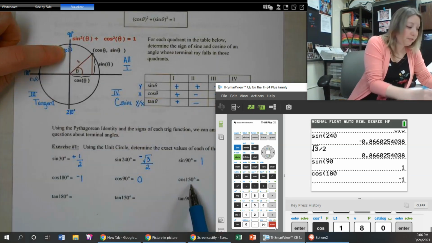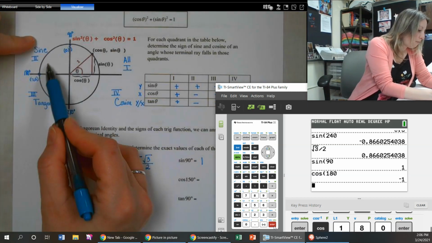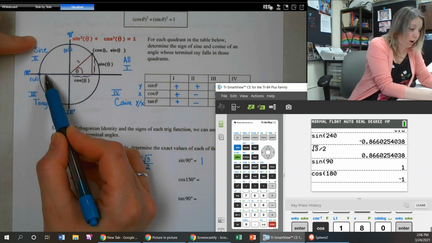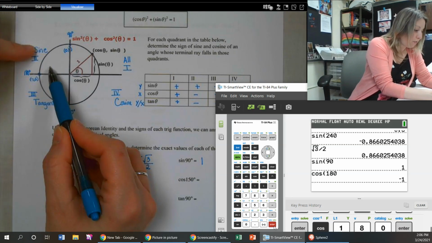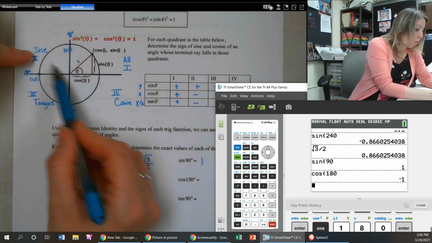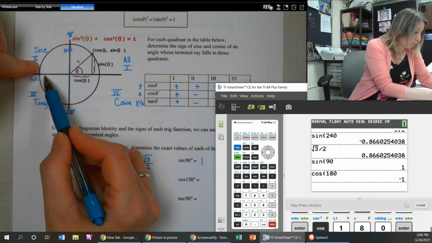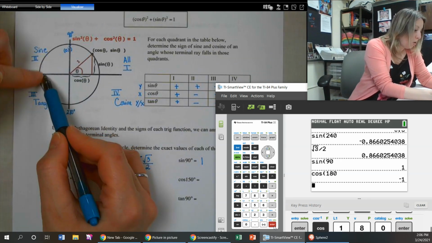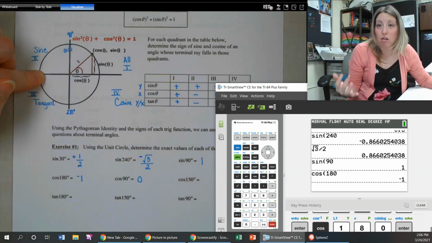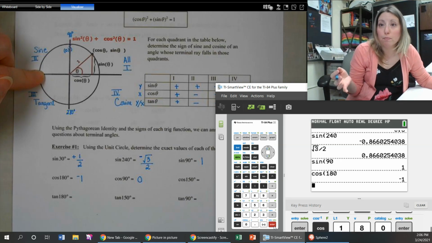Cosine of 150, well, 150 is right in here. It's got a reference angle of 30 degrees, right? Because 180 minus 150 is 30 degrees, which would be here as the reference angle. So you consider, well, what's the x value of that? Well, the x value of a reference angle of 30 is radical 3 over 2.